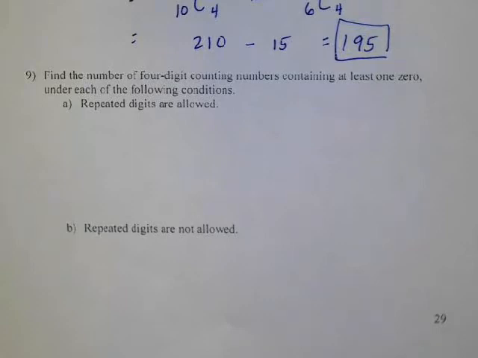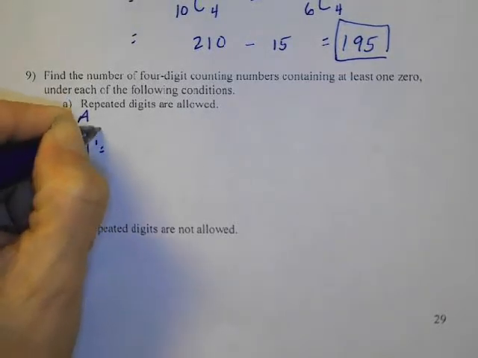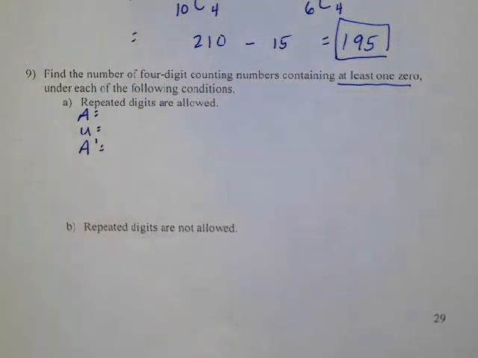All right, number 9. Find the number of 4-digit counting numbers containing at least one 0 under each of the following conditions. First, repeated digits are allowed. So let's do A prime, because I see the phrase at least one 0.